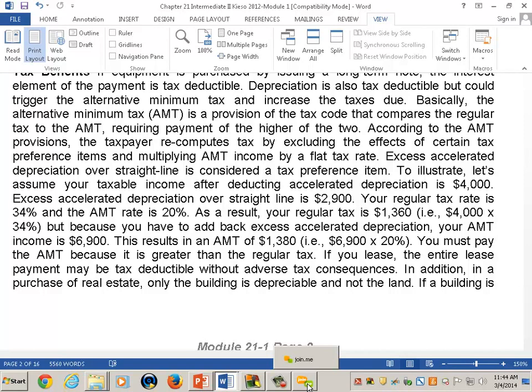Your AMT income is $6,900, and by the way, there are some exemptions, but the AMT rate, let's say it's 20%. The alternative minimum tax is $1,380. So you pay the higher of the two. So you're going to wind up paying the AMT.